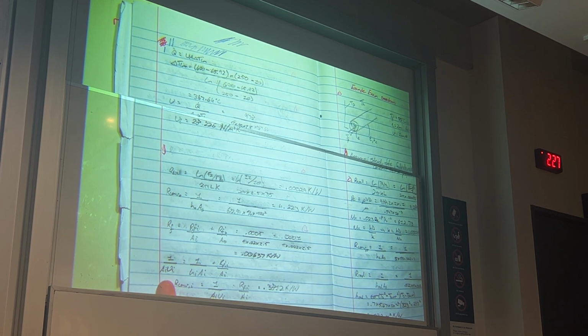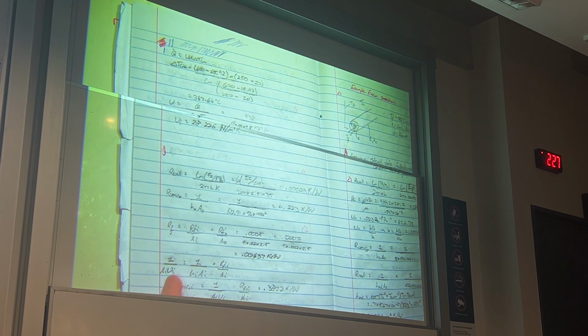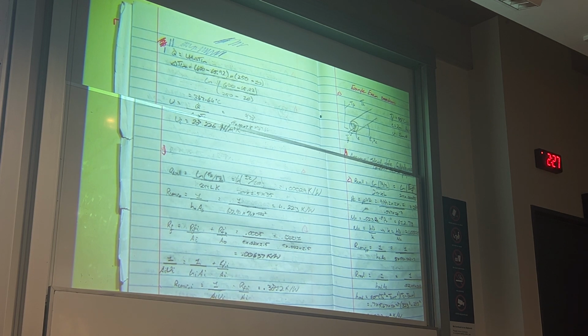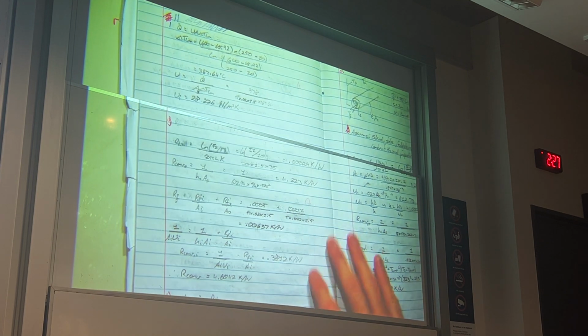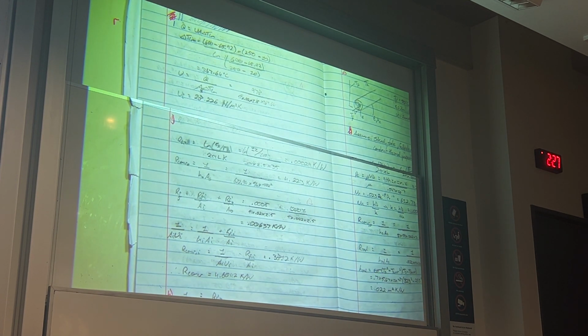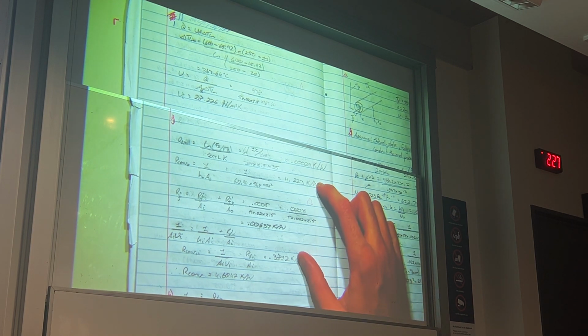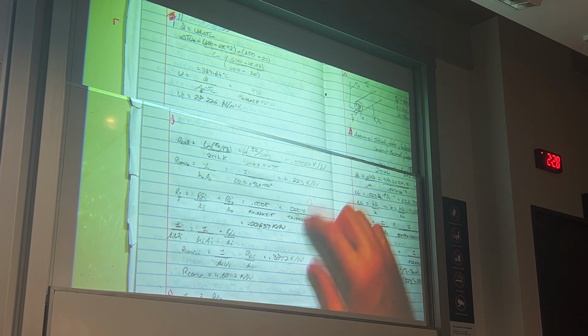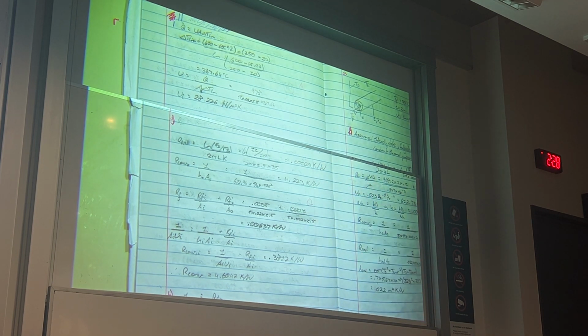And then we can use this relation here to solve for h inner, which is not given. And then we've determined our total resistance, which is the sum of my outer and inner convection, fouling, and wall.